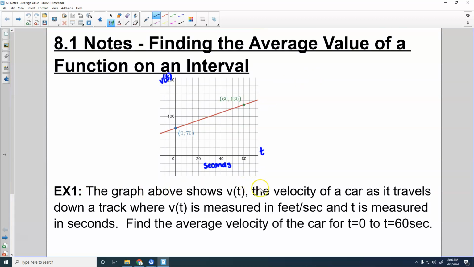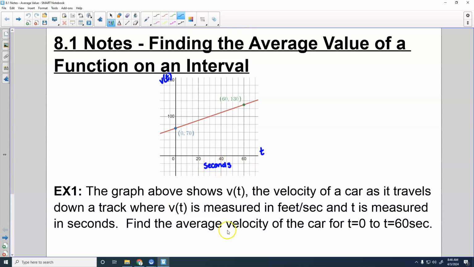So this graph above shows the velocity of a car as it travels down a track where V of t is measured in feet per second and t is measured in seconds. Find the average velocity of the car for t equals 0 to t equals 60. So looking at this graph, t is measured in seconds, which I already labeled.